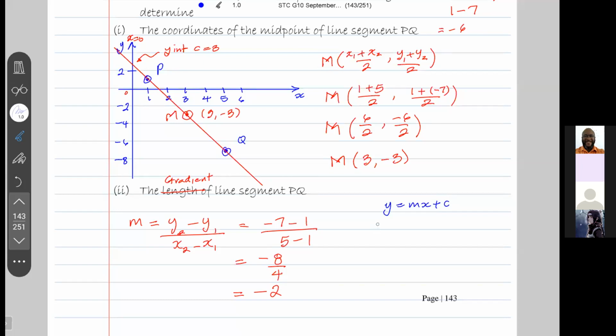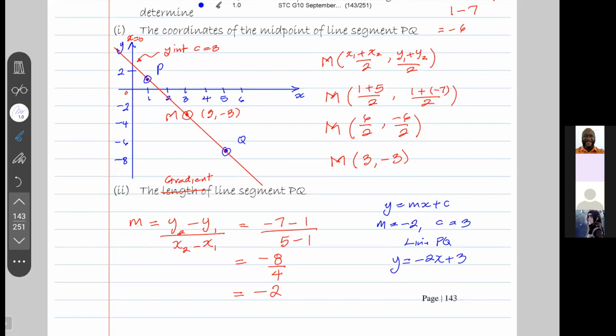We already know that the gradient is -2, and Janelle already told us that the y-intercept c is +3. That means the equation of the line PQ would be y is equal to m, which is -2x, plus c, which is 3.